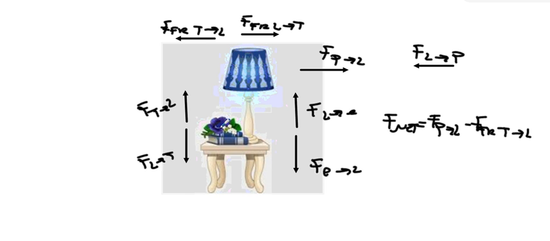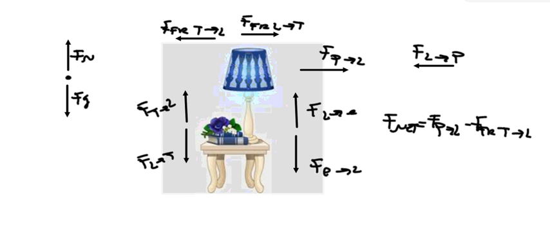We're going to simplify this object's free body diagram from now on. And let me show you what that would be. We'll draw a dot to represent the center of mass of the object. We're going to draw force gravity downwards and a force normal upwards. So this is force gravity and this is force normal.